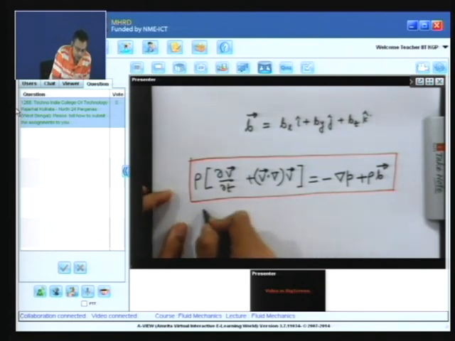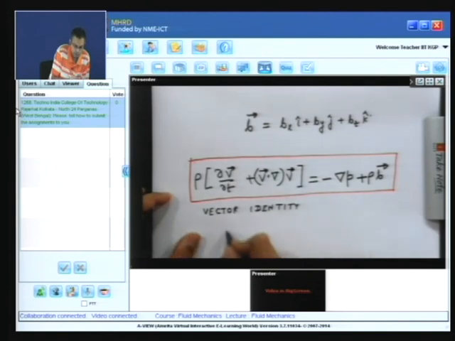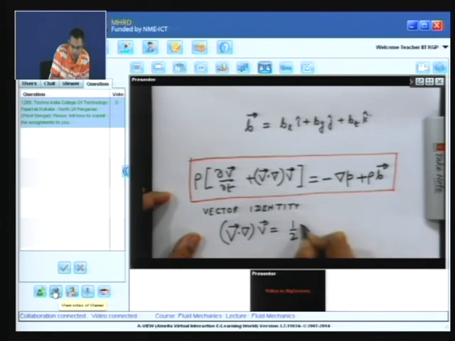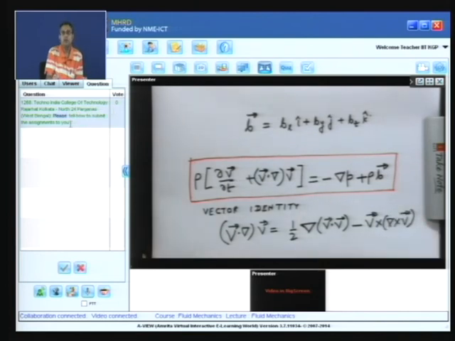So, vector identity: V dot del V is equal to half del V dot V minus V cross del cross V. This is a vector identity which follows from the mathematics.